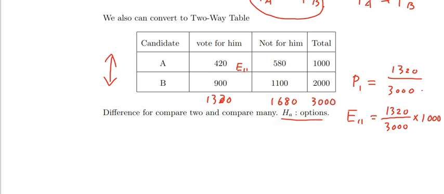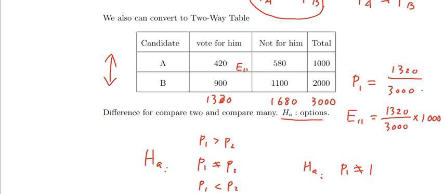For the two-way table, HA could be P1 not equal to P2, or could be larger than, or could be less than, right? But for the two-way table or ANOVA, we can only check equal or not equal.